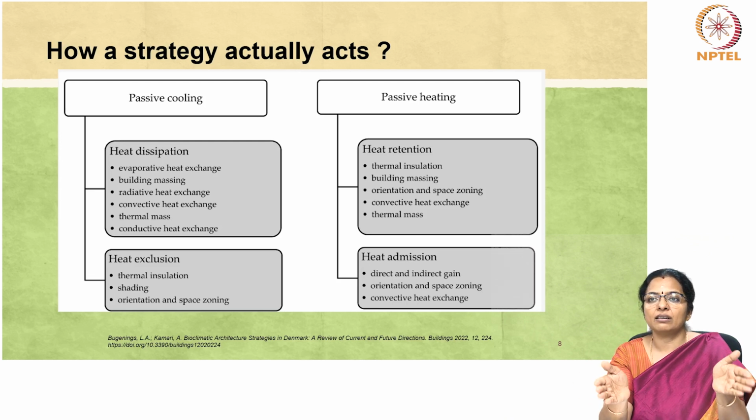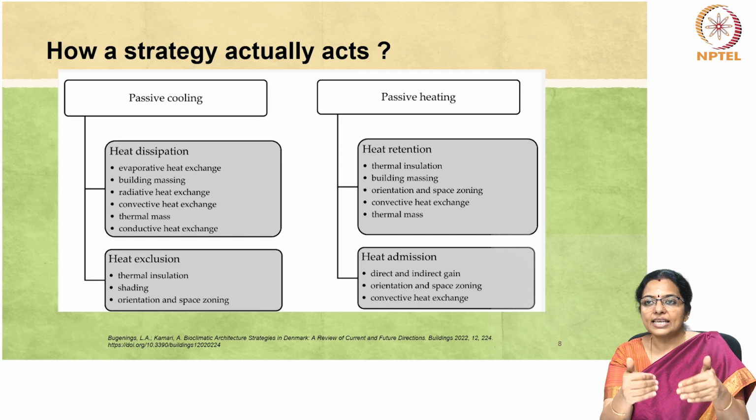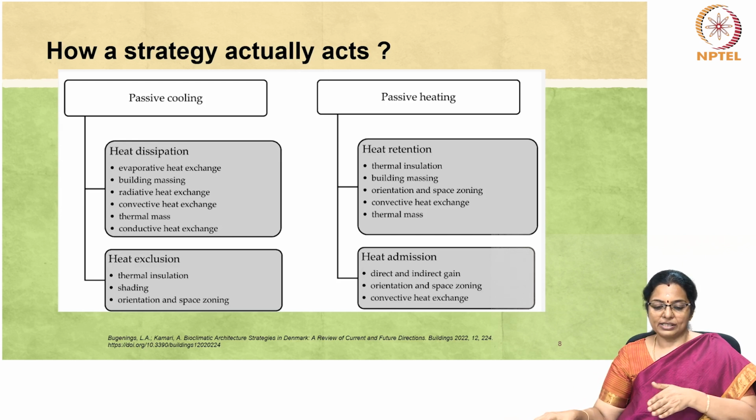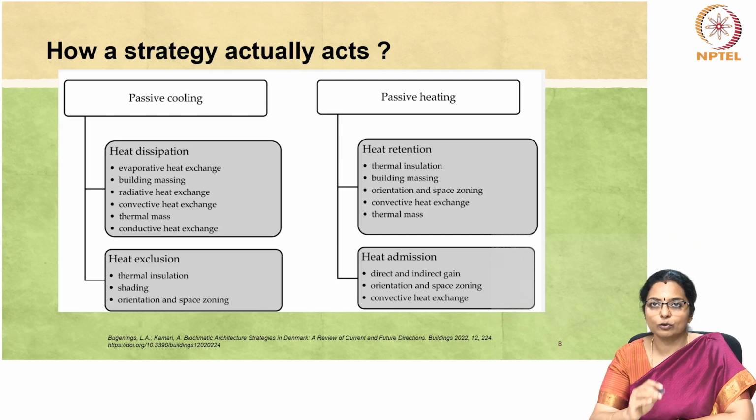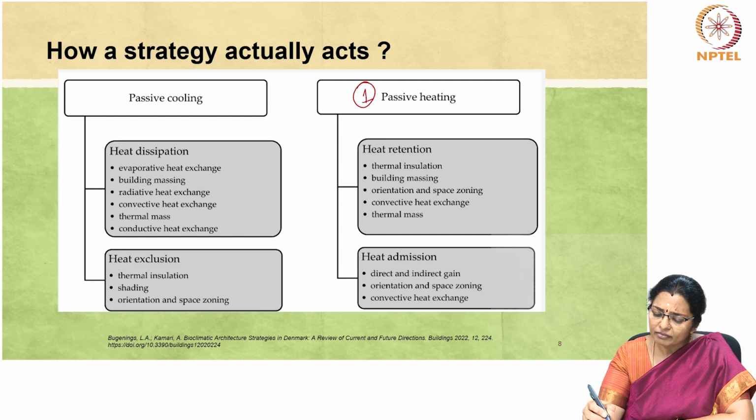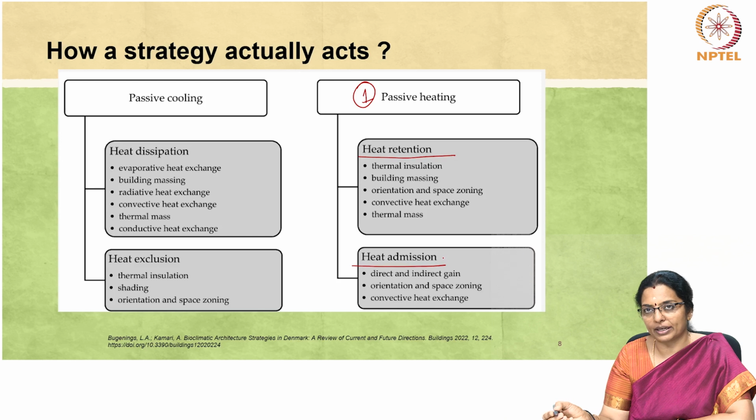So, first you have to admit the heat and then retain it, and also passive cooling, which involves excluding and dissipating the heat. Now, this picture shows the summary of the methods that can be used for passive heating and passive cooling. If we look at passive heating, how is heat admission happening and how is heat retention happening?